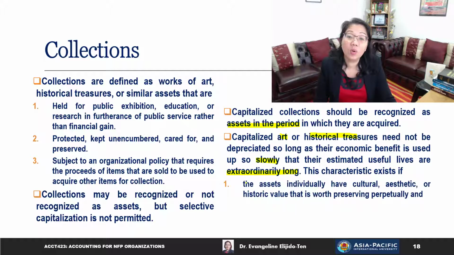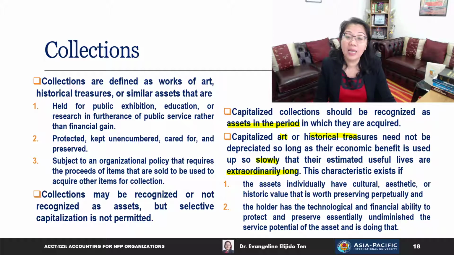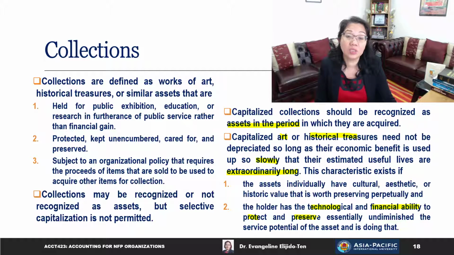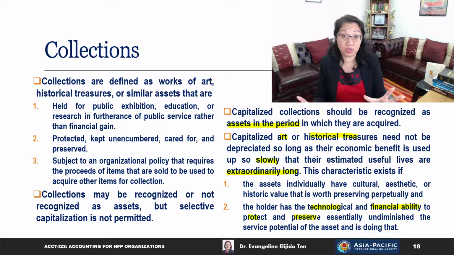Number one, the assets individually have cultural, aesthetic, or historical value that is worth preserving perpetually, and the holder has the technological and financial ability to protect and preserve the undiminished service potential of the asset, and is doing that. So a lot of the museums, for example, will have their curator, and they will have people who are able to really preserve the works of art in excellent condition.